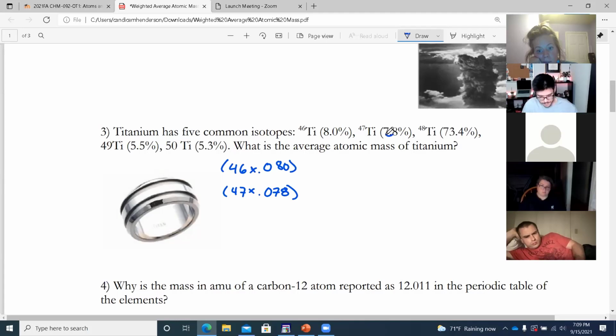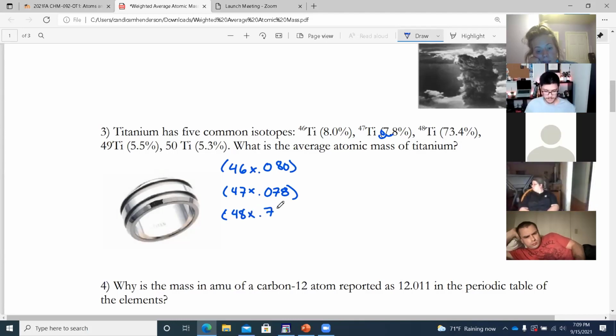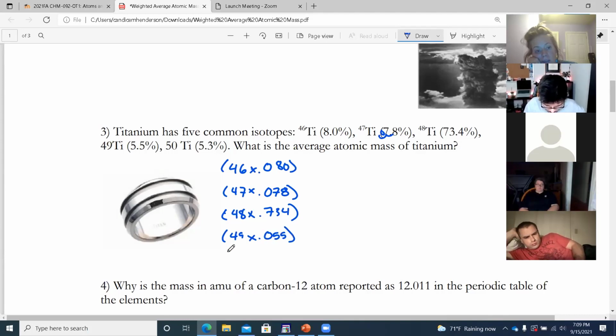Remember, we want to move the decimal over 2 places, so you'll fill a 0 in there. The biggest percentage here, 48 times 0.734. We've got 49 times 0.055, and we've got 50 times 0.053.